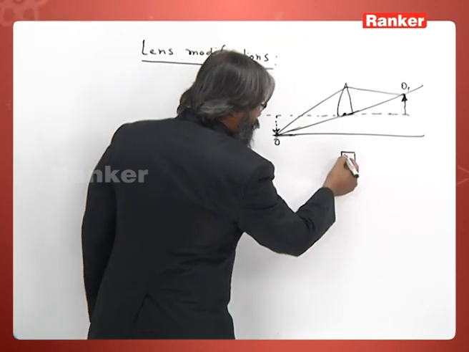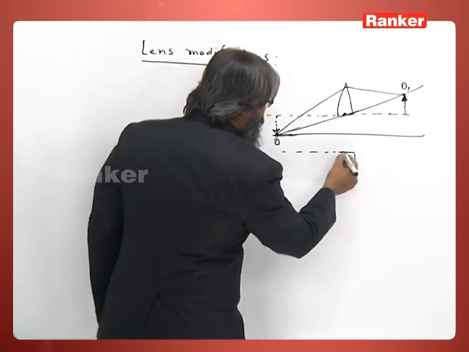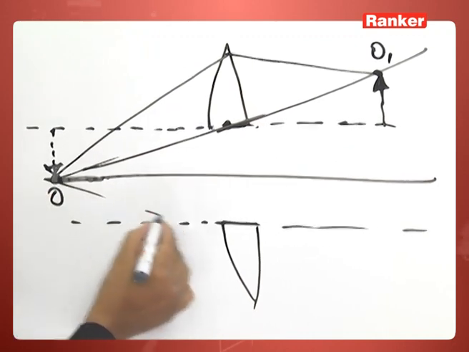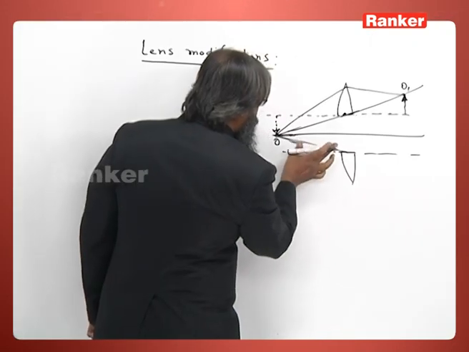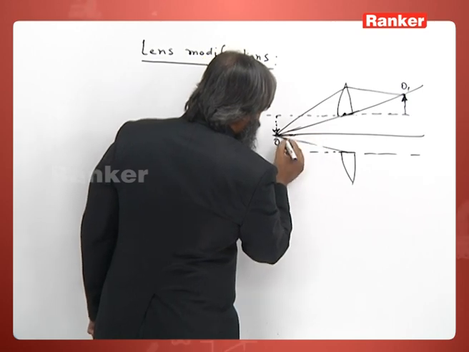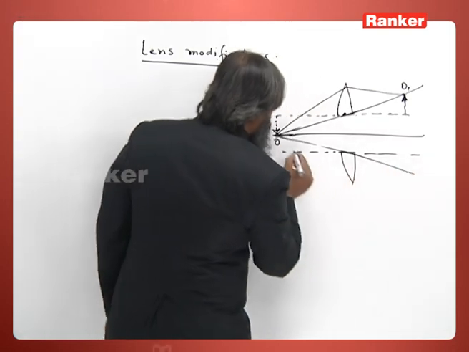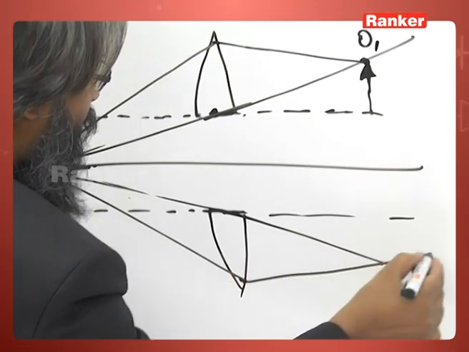Similarly, for this lower half, the optic axis is like this, and a ray passing through the optical center goes undeviated, and another ray, suppose here, they meet here.